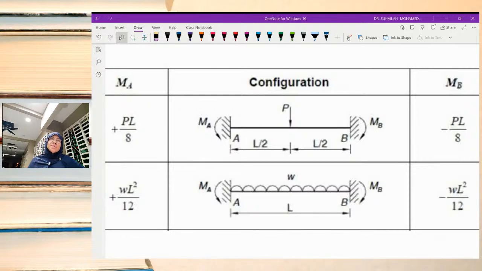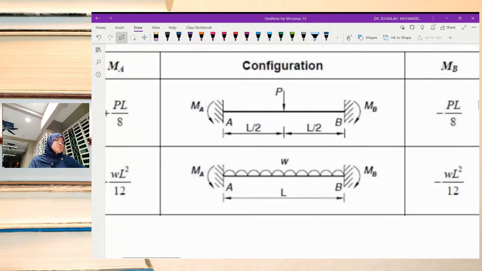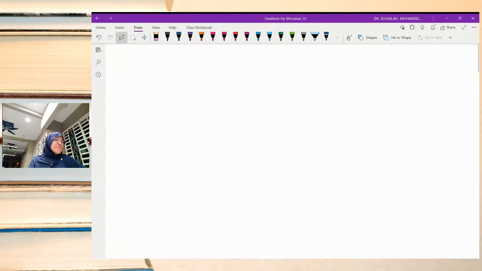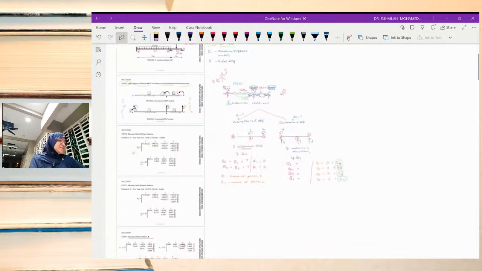Okay, the formula is anyway given in the appendix. However, for a point load like this as well as UDL, the formula is quite straightforward. Okay, so this is called fixed end reaction.